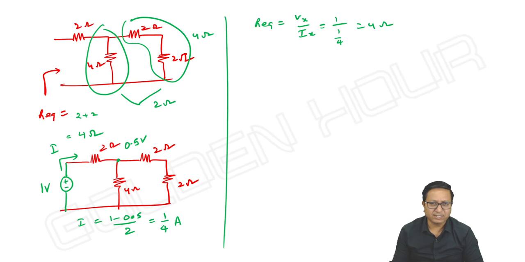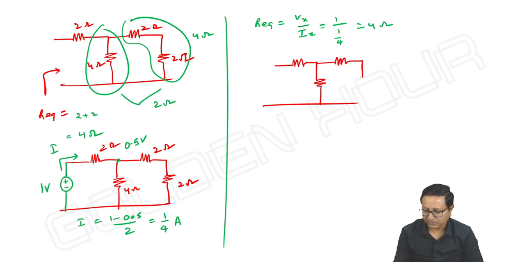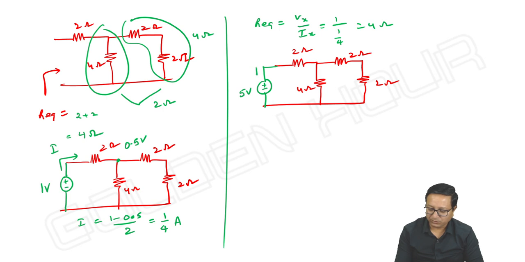And we can even connect a current source and measure it, doesn't matter, or it need not be 1 volt, any arbitrary voltage. I'm just taking the same circuit. Let me connect some 5 volts source and let this current be Ix.